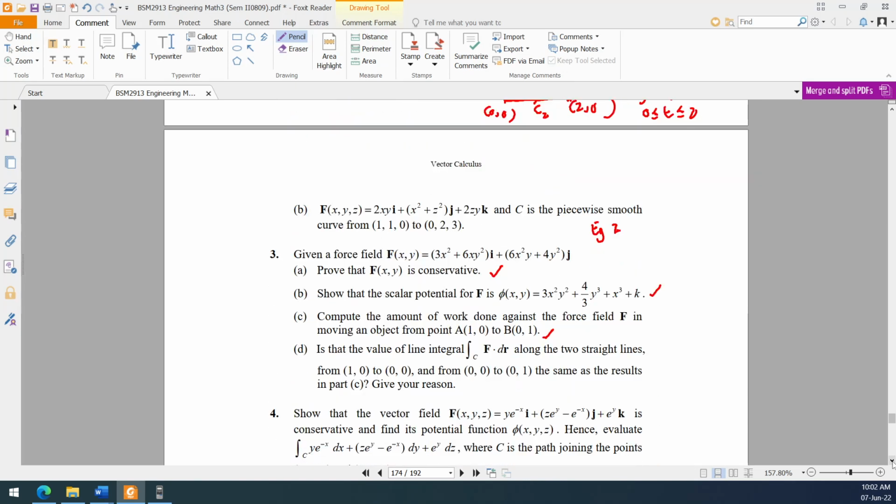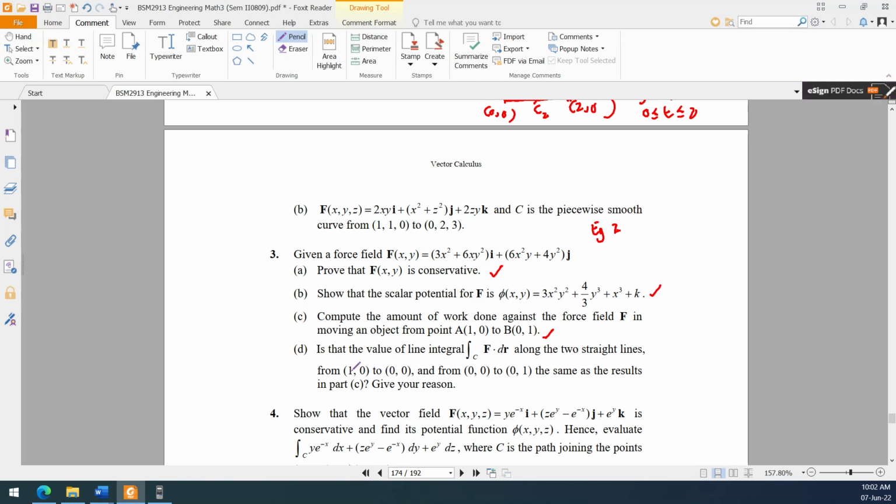But here, the value of the line integral along two straight lines is a different case.